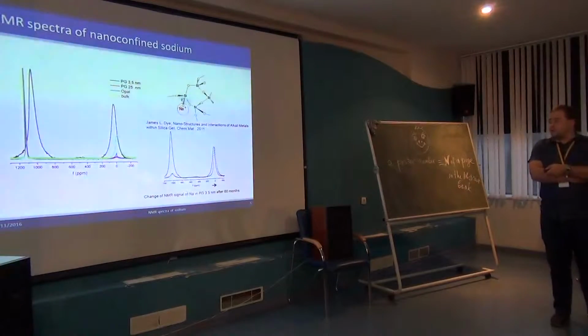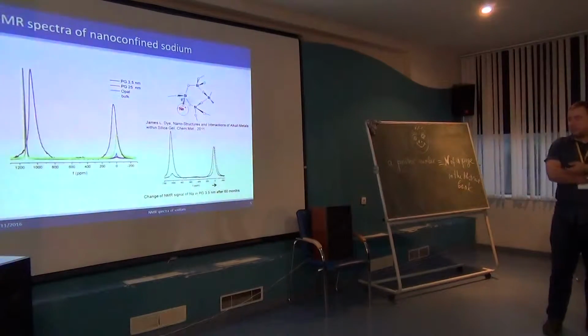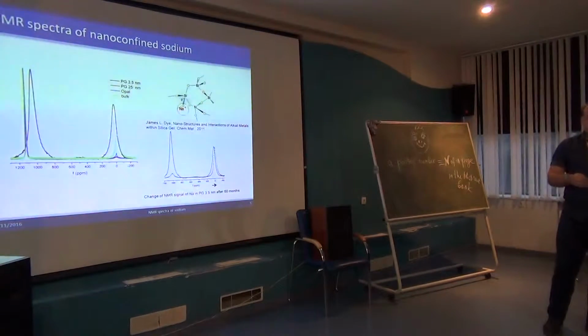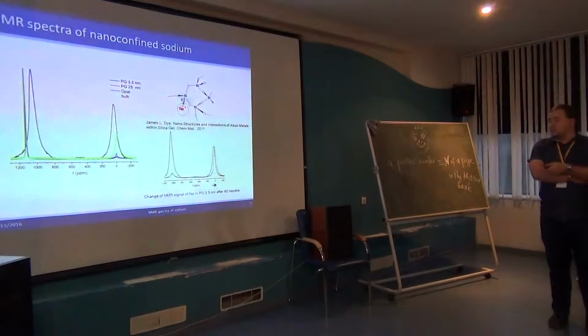The ratio of intensities isn't fitted because we couldn't perform two measurements after 6 months at exactly the same state. So we couldn't trust the ratio of intensities. But yet, the bold line is corresponding to the later measurement. So here we see that intensity of the line corresponding to metallic sodium has decreased.